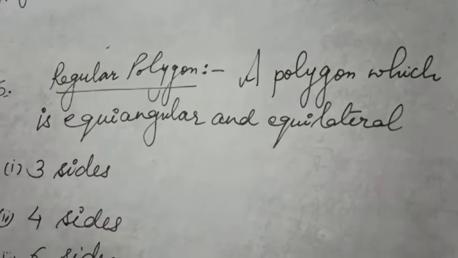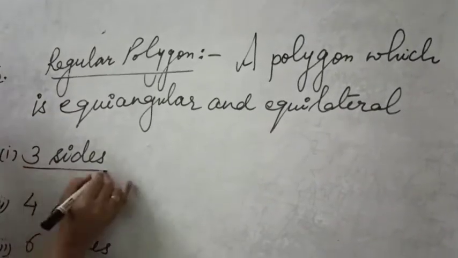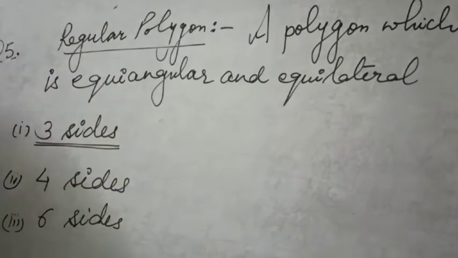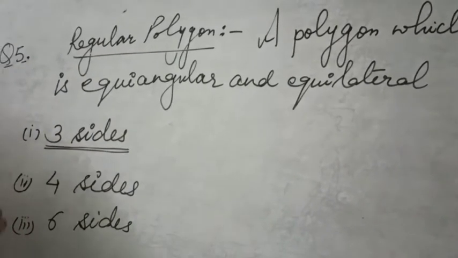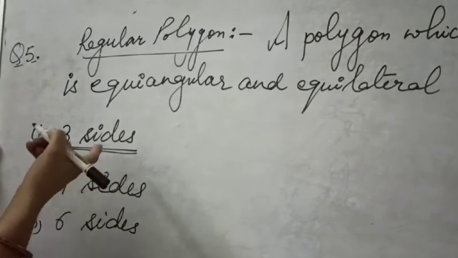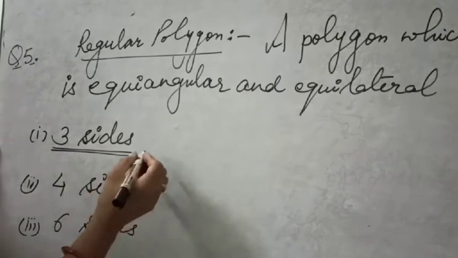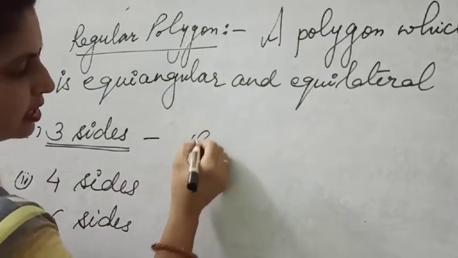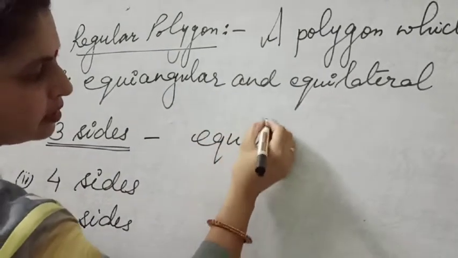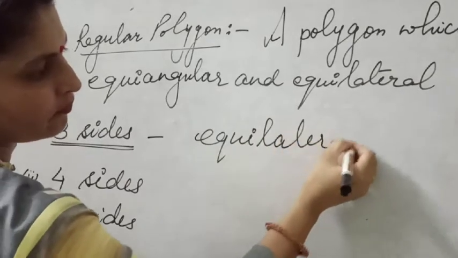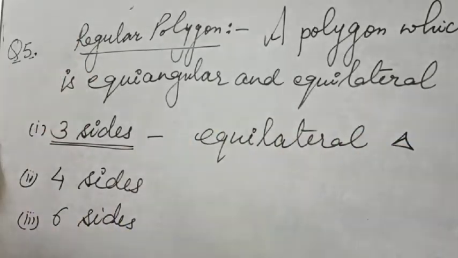Now what is the name given to a regular polygon of 3 sides? In our last video we discussed, if all 3 sides of a polygon are equal, then what is the name given to that polygon? Yes, very true. It's an equilateral triangle.